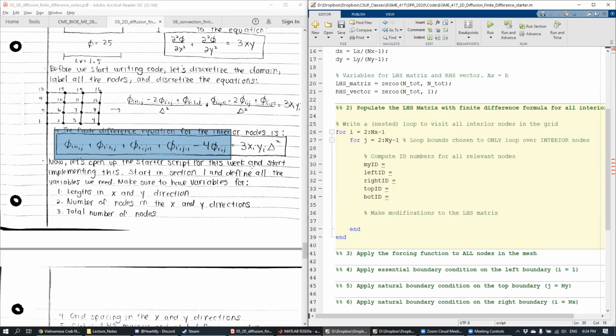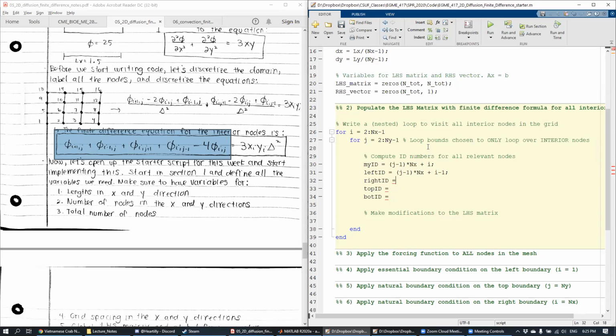For these, remember, we're just going to plug in our formula. We're going to have j minus 1 times nx plus I. In this particular case, since we have both I and j in the loop, we can have I and j in these formulas here. Now let's write the ID number for the left neighbor. The left neighbor is going to have a very similar formula to my ID, but instead of just plus I, we're going to do plus I minus 1.